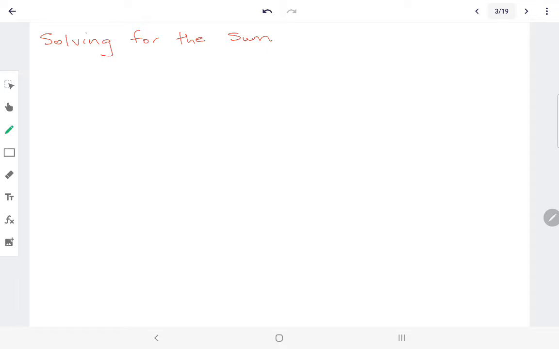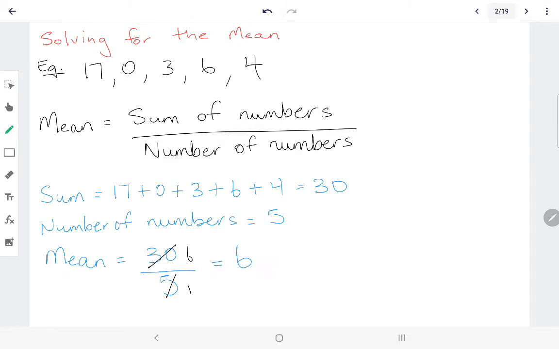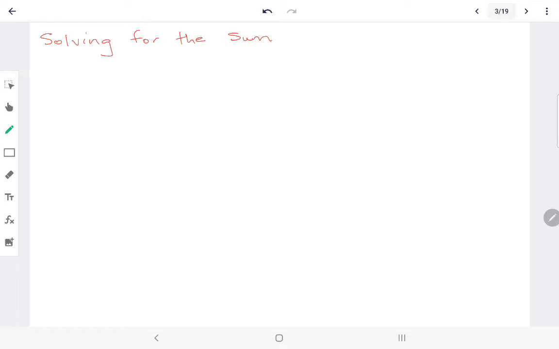So we want to solve now for the sum. So recapping this question here, we know that the mean is 6 and the number of numbers is 5. So let's say now we have the question here.